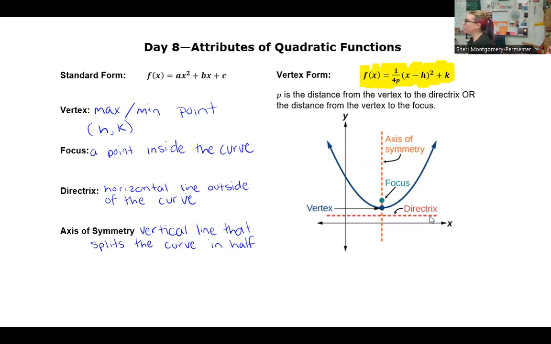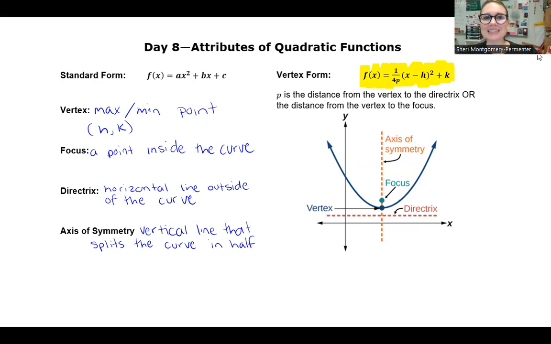So there's something really, really special about the focus and the directrix. And that's that they're exactly the same distance from the vertex. So the focus and the directrix have exactly the same distance from that vertex point.